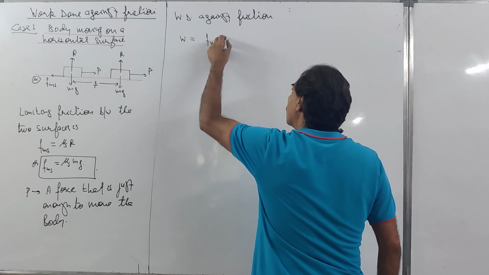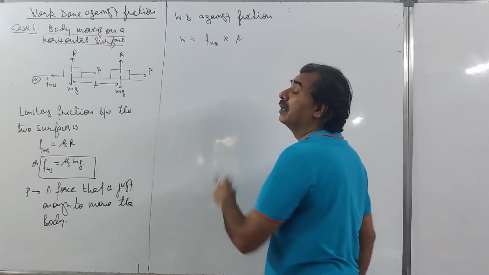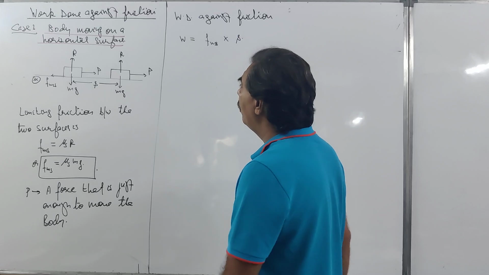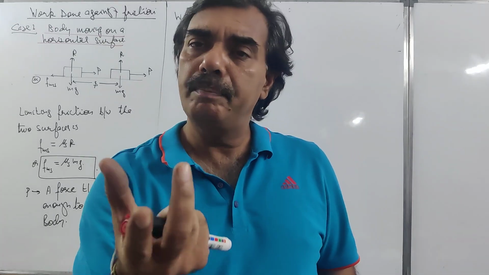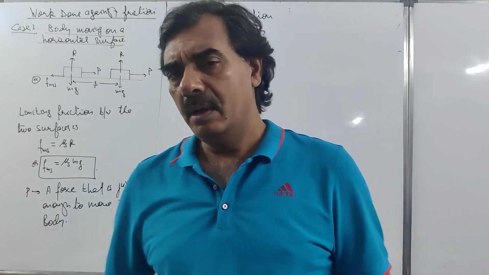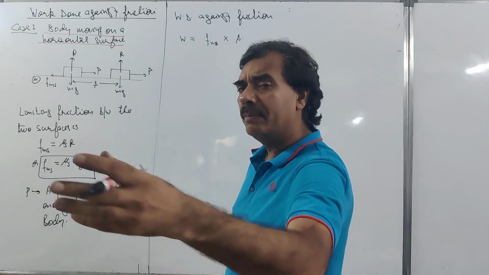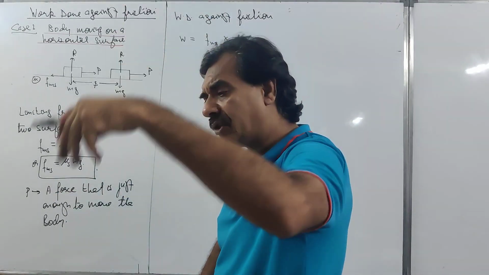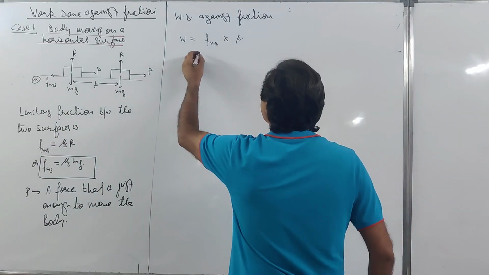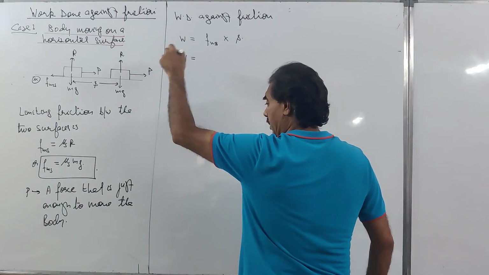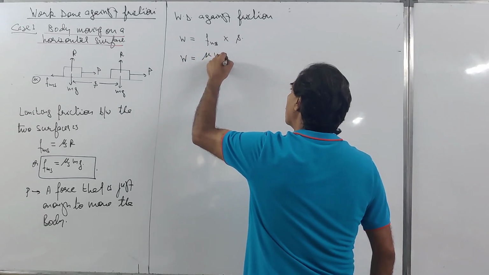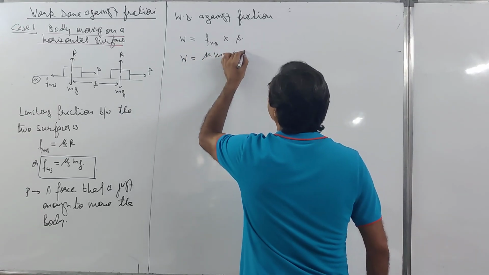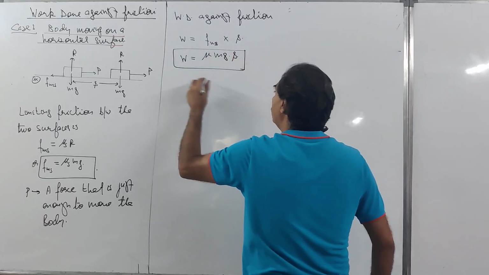Frictional force into distance. Work done is force into distance. आप बोलोगे सर ये तो अप्लाइड फोर्स into distance होना चाहिए. यार मैंने कहा P बिल्कुल अप्लाइड फोर्स के बराबर है, पर एक नोट में एक चीज डालूंगा. Remember, work done against friction is frictional force into distance, mu mg into S.